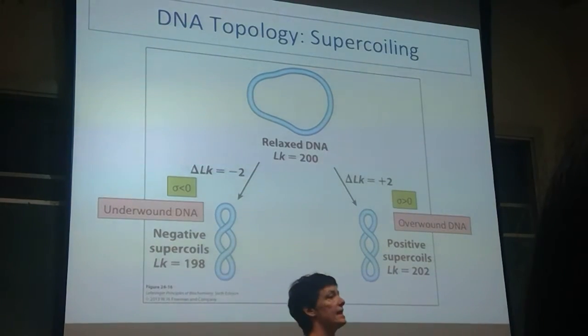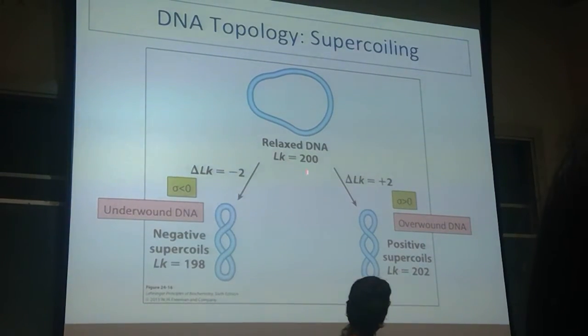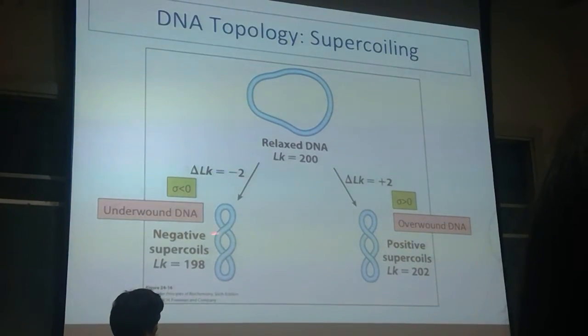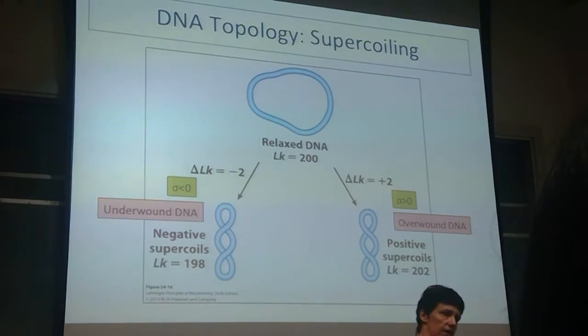Lk is then 202, so you created 2 more. If it's minus 2, it's negative, the DNA is underwound, and it's negative supercoiling. Remember that mostly DNA likes negative supercoiling.